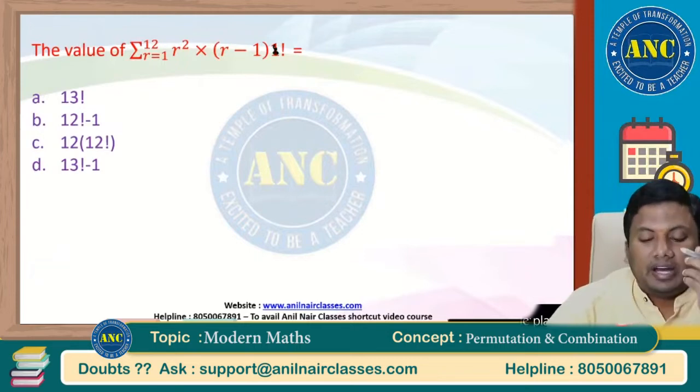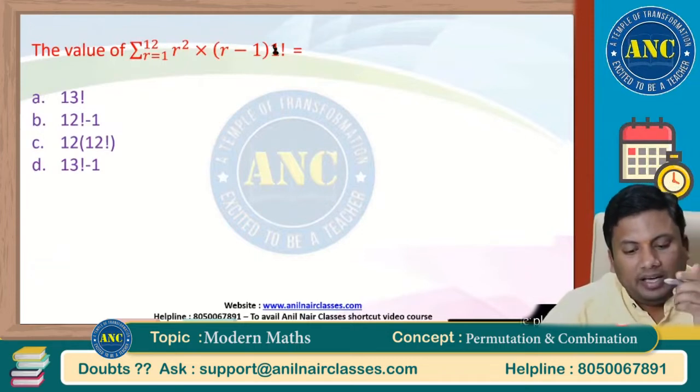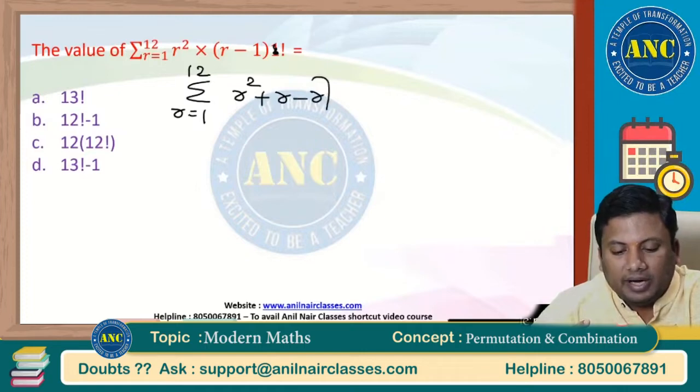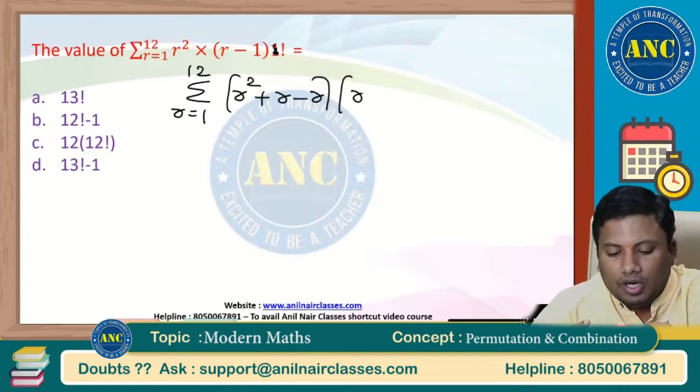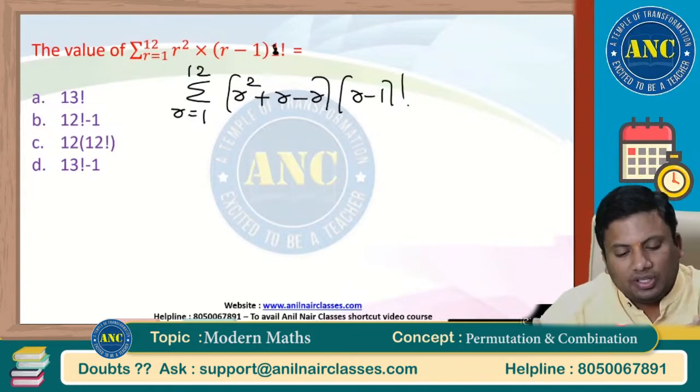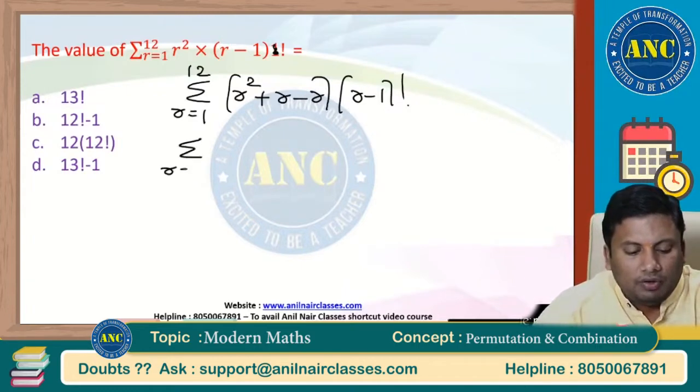If that can be asked, why can't this be asked? Same question: summation r equivalent to 1 to 12, r square, I am adding r and I am subtracting r, into r minus 1 factorial. I just created a new question so that this variety also comes and you will not fear it.